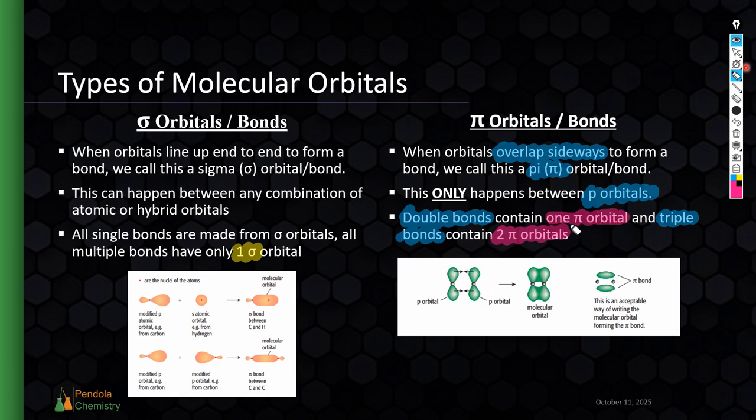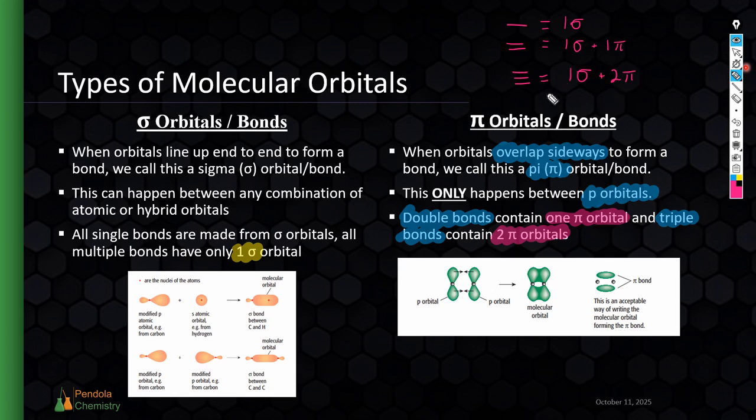So in a double bond, we have, and we'll write it up here, in a single bond, we have just one sigma bond. In a double bond, we have one sigma bond and one pi bond. And in a triple bond, we have one sigma bond and two pi bonds.